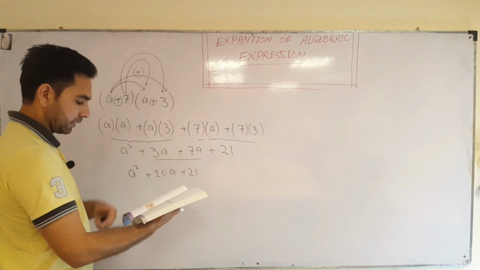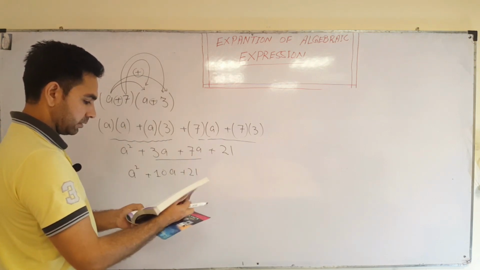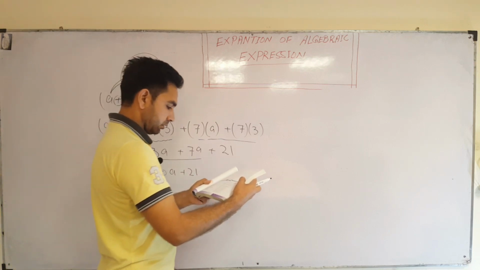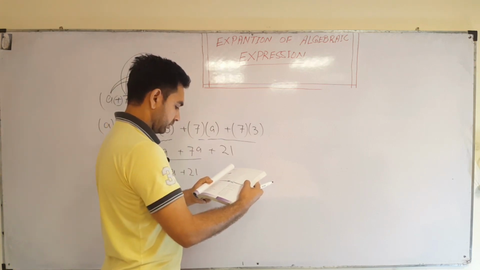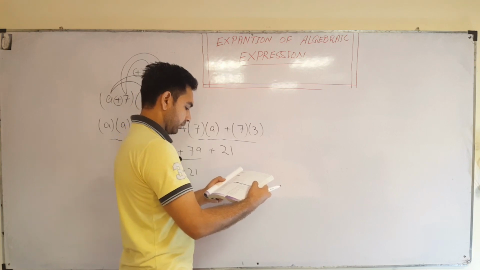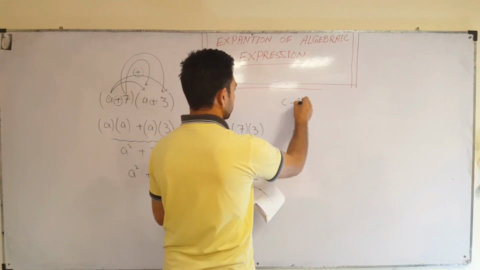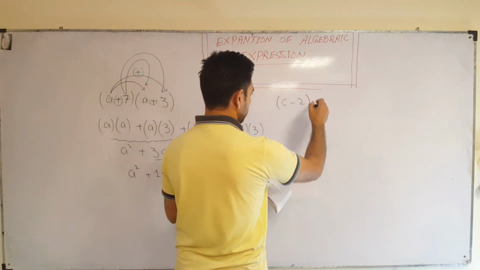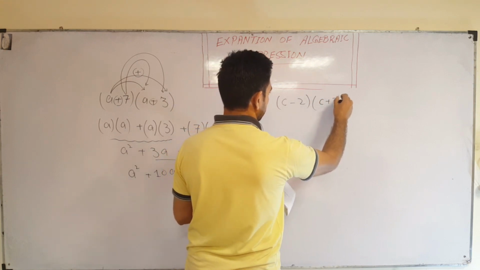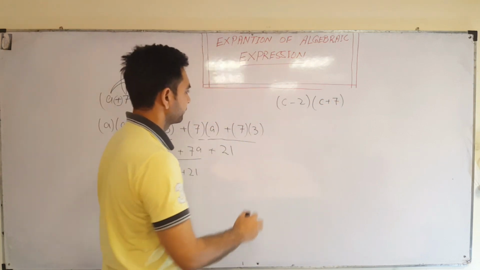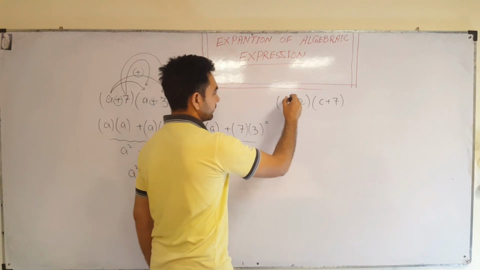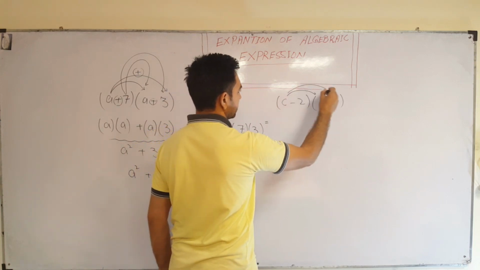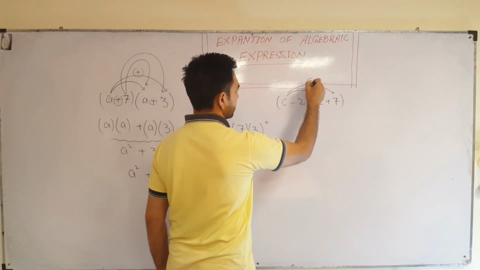Let's do one thing with a negative, and then we'll move on to a different type of expansion. So here we go with c minus 2 and c plus 7. So again, first, second, then the symbol negative.